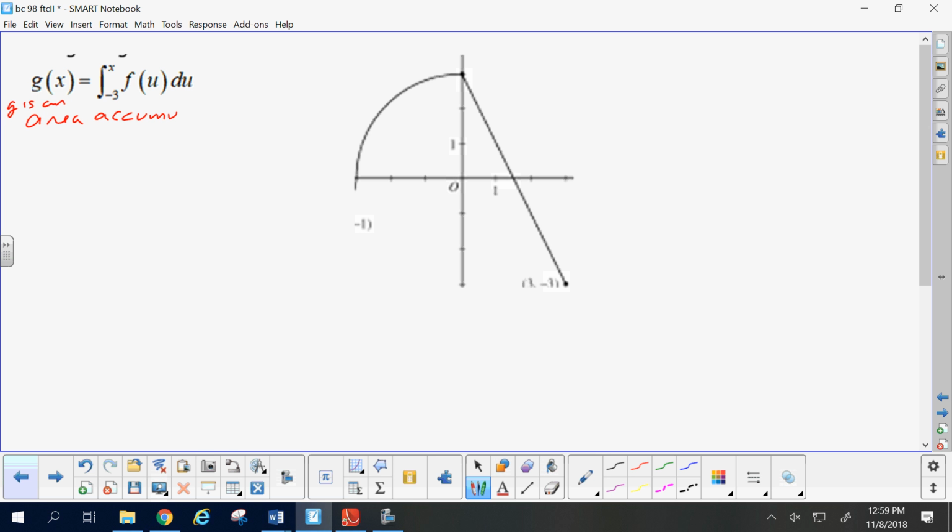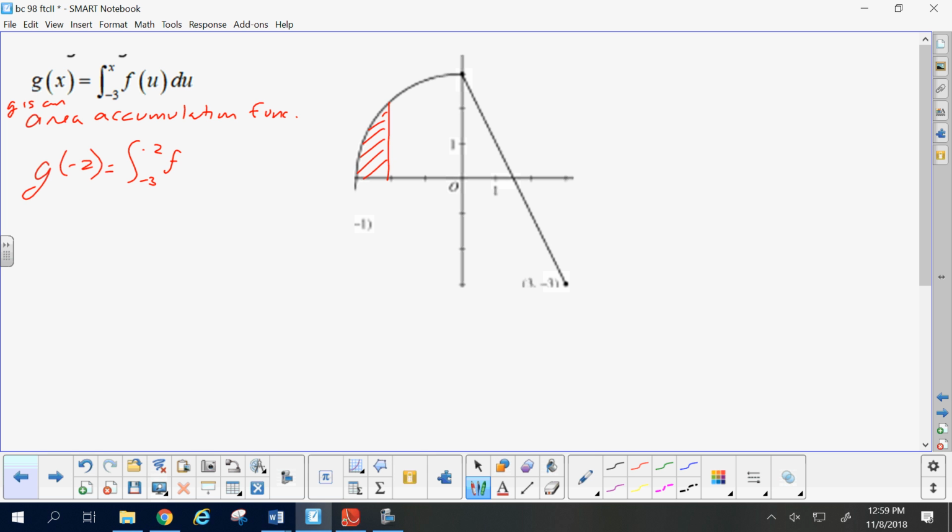Now, I know this isn't in your notes, but it occurred to me, I really wanted you to understand what is going on. So if I ask you to picture g of negative 2, what does it mean? Graphically. Okay, it's the integral from negative 3 to negative 2, which means it represents the area.